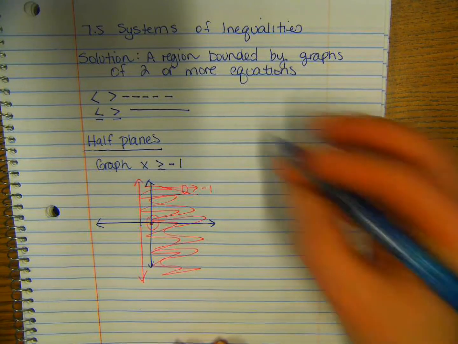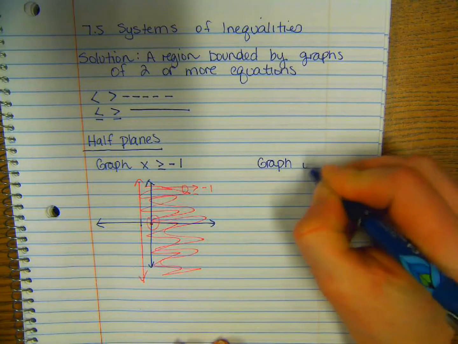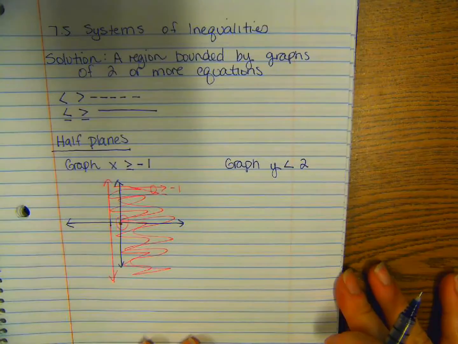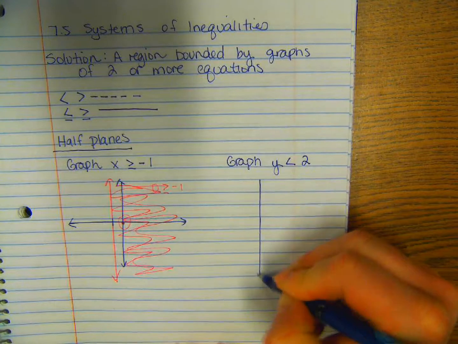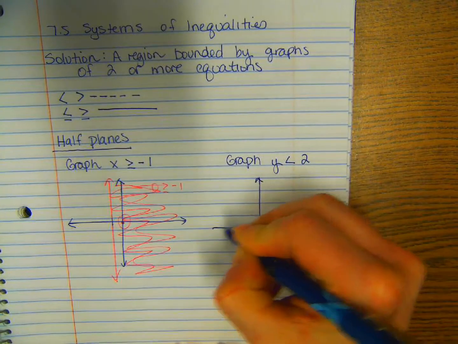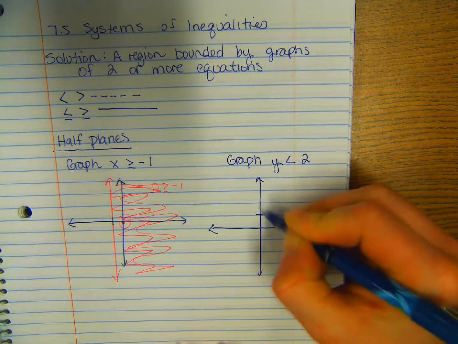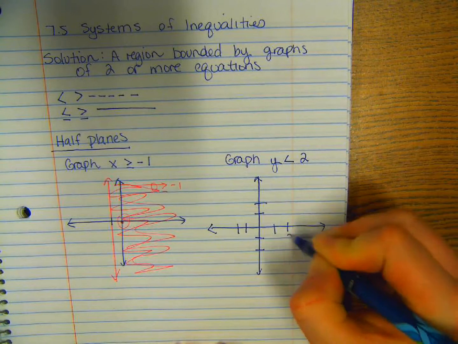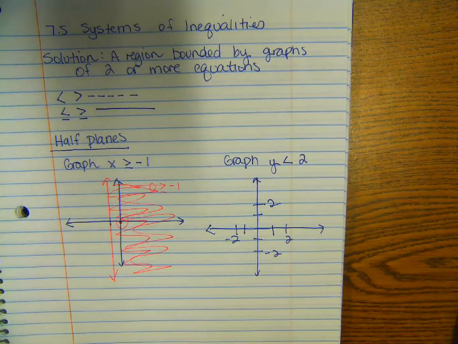All right, let's do another one right next to it. Graph the solution to y is less than 2. All right, if I'm quick doing a sketch of this, this is a horizontal line at 2.